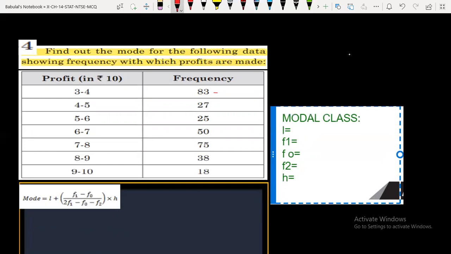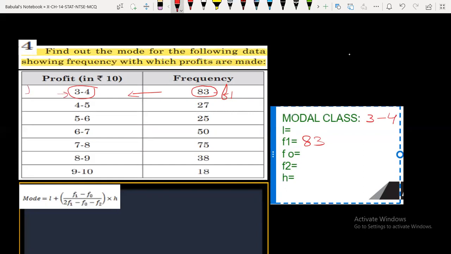So student, यहाँ पे आपको देखा कि आपका जो हाईएस्ट फ्रीक्वेंसी है वो कितना है, that is 83. So you write here 83, and the modal class is corresponding to the highest frequency, that is 3 to 4. So you write modal class is 3 to 4. What is the lower limit of the modal class?